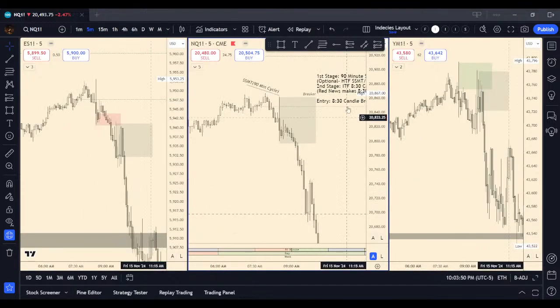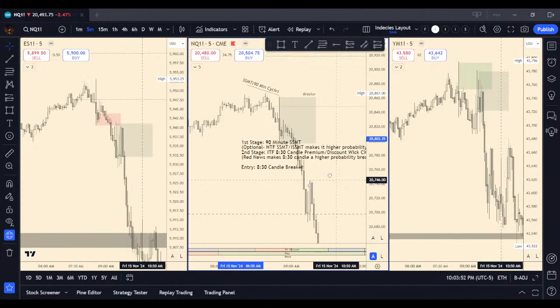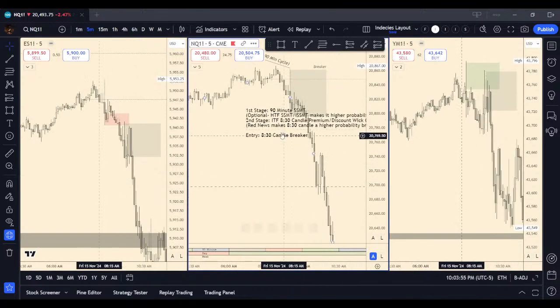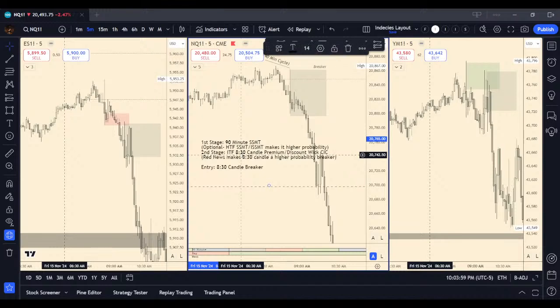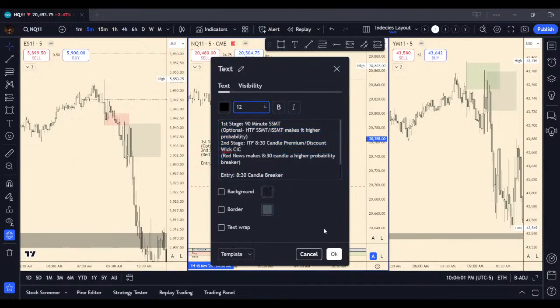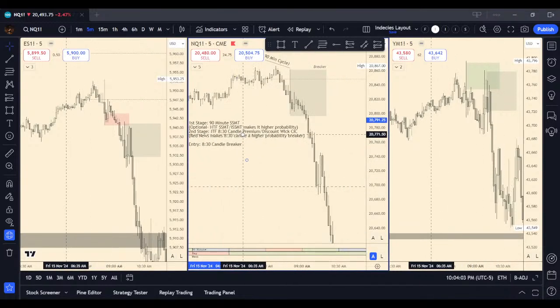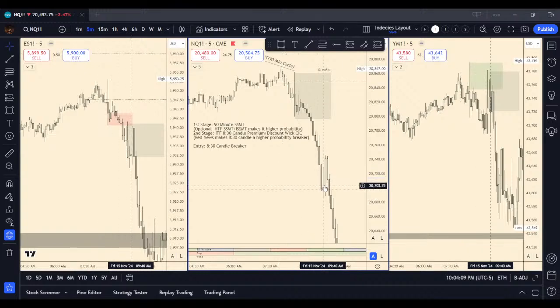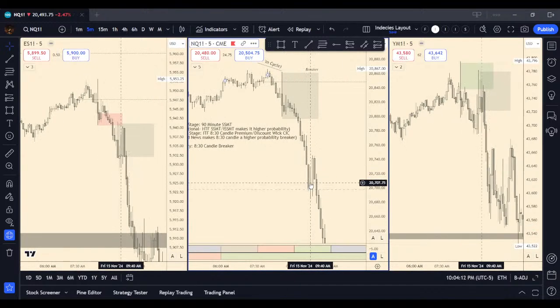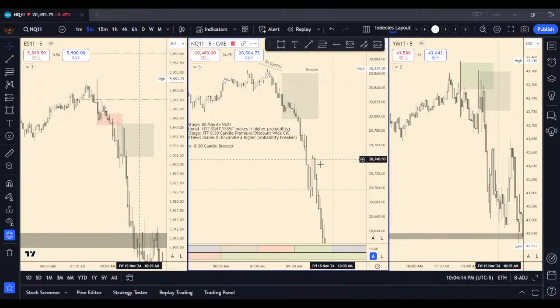Let me see if I can bring it over here. Okay, perfect. And then finally, for NQ, if you're trading NQ, like I don't even like to click buttons on ES or Dow.